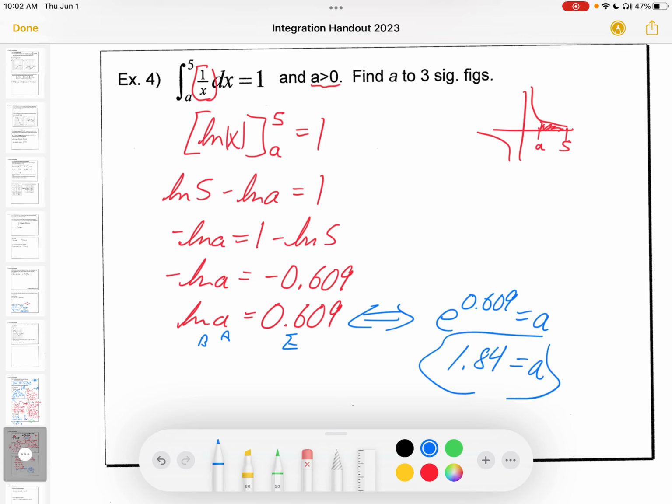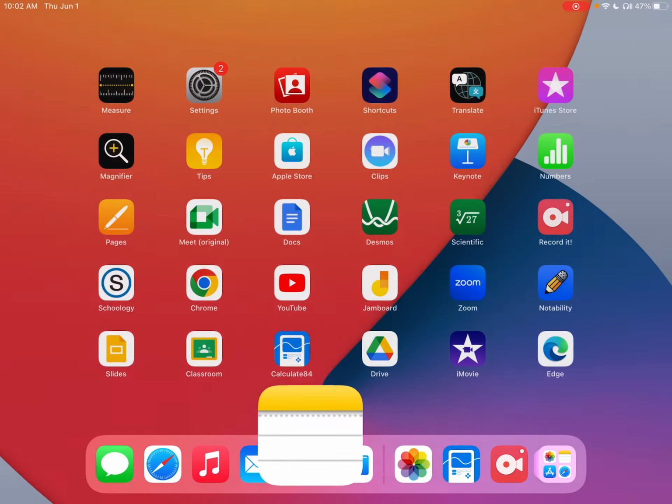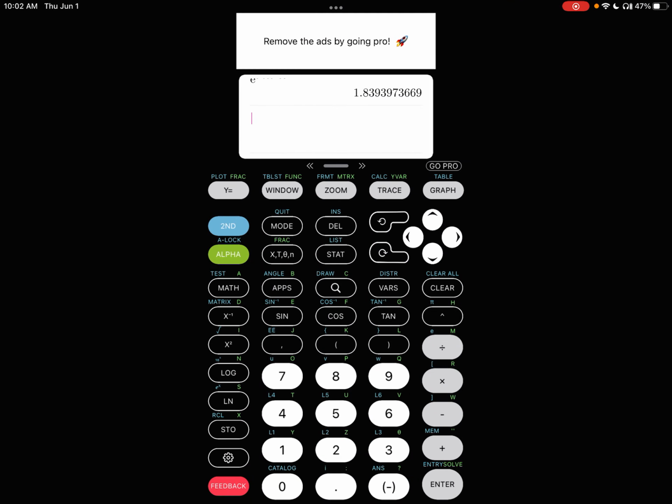If you have a really fancy calculator, you can check this out. So in this calculator, I can get it to do definite integrals. And I can just say 1.84 to 5 on 1 over x dx. And hopefully that'll give me 1.